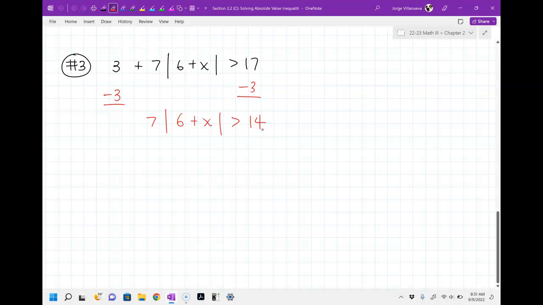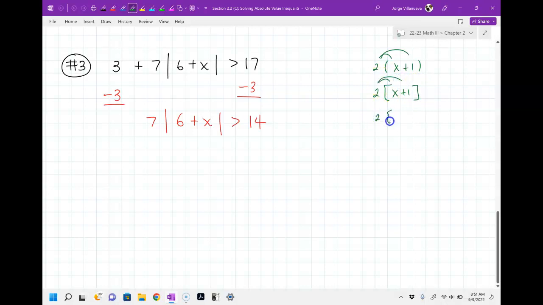Now, never distribute into an absolute value. Okay, never do that. Ever, ever, ever. Parentheses, sure. Okay, parentheses you can distribute into. You can distribute into brackets. So in other words, if it looks like this, go ahead and distribute. That's fine. If it looks like this, oops, sorry, should be bracket, you can go ahead and distribute.